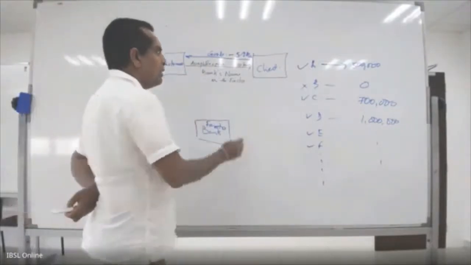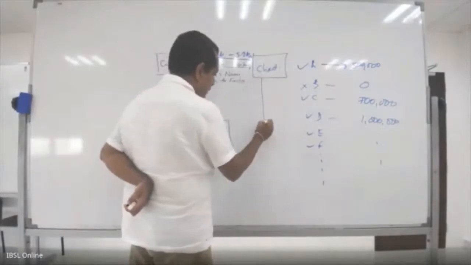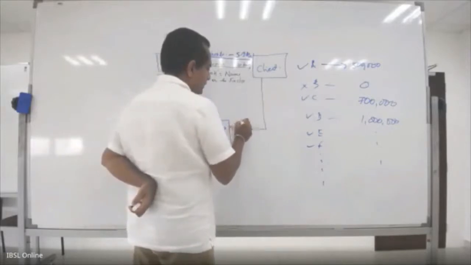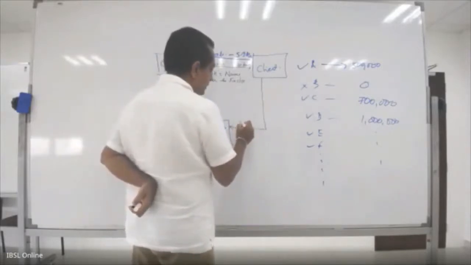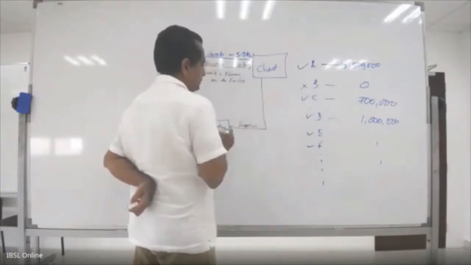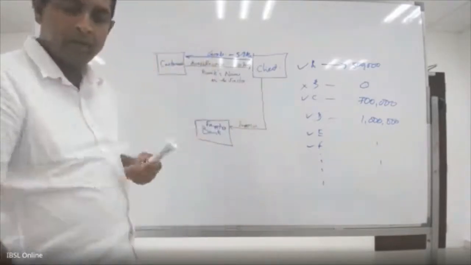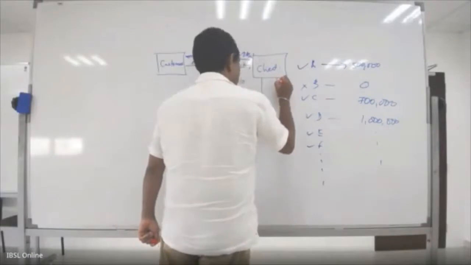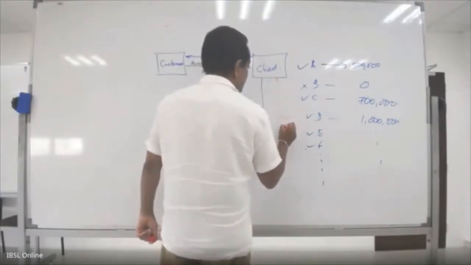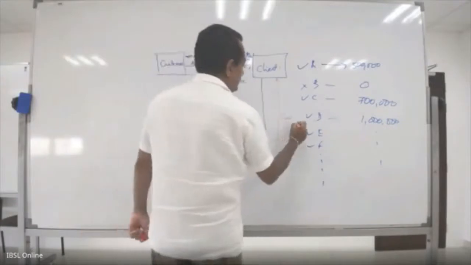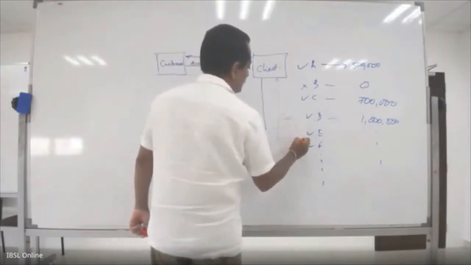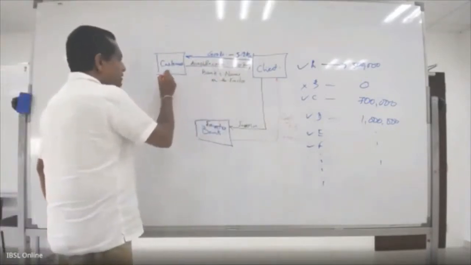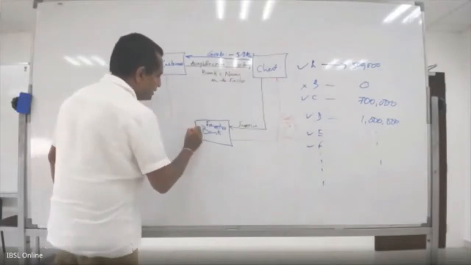Right? So what happens? The client brings this invoice to the bank, and the bank gives money, cash, as a percentage of the invoice. Then at the end of the period, the customer needs to pay the bank.